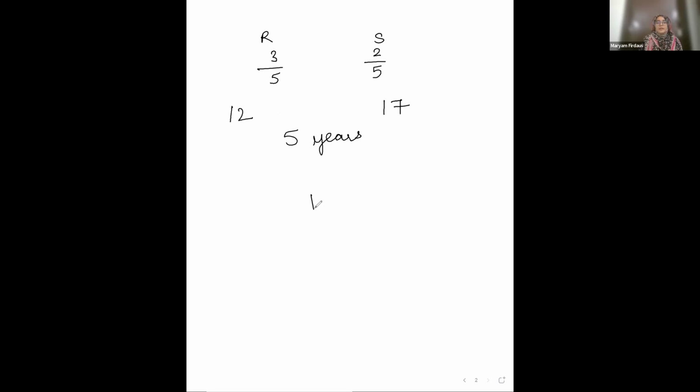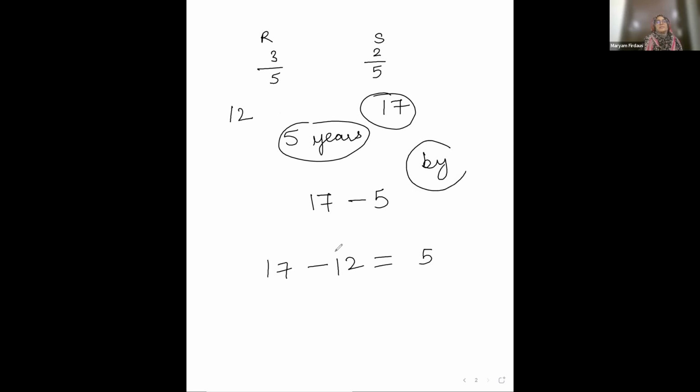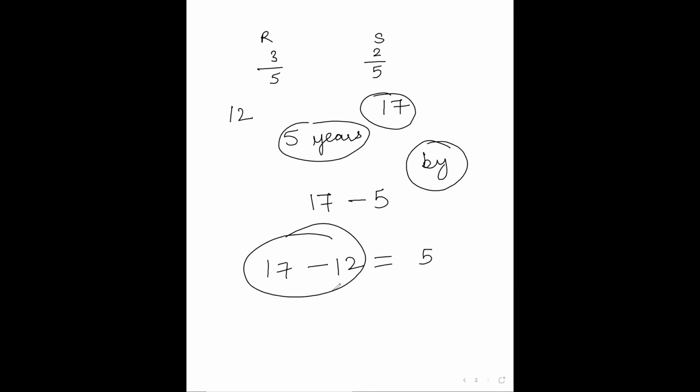So what will it be? 17 minus 5, right? 17 minus 5 is 12. Or you can say 17 minus 12 is 5. So do you understand what we are doing here when we say by 5 years? That means the difference between us is 5 years. Okay. So, and by how much? What do we mean here when we are saying by how much?